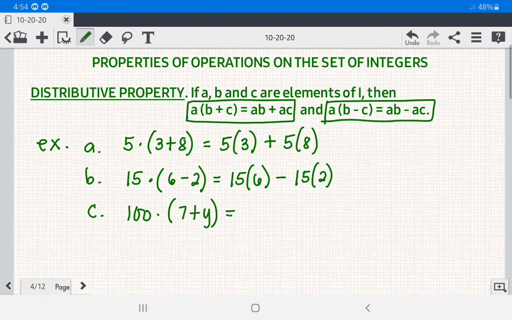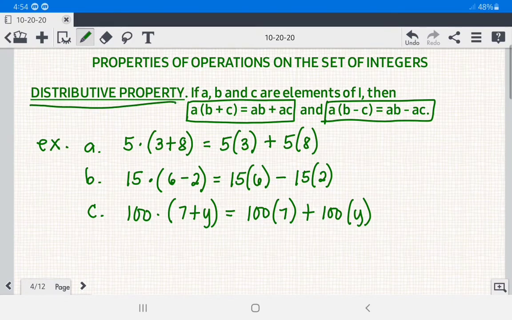Okay, so using the distributive property, this is equal to 100 times 7, then plus 100 times y. Okay, so this is how we illustrate distributive property.